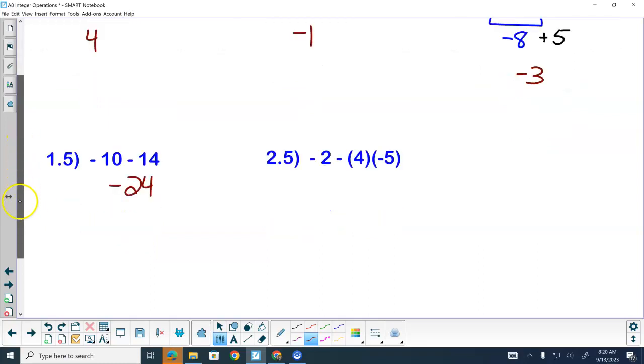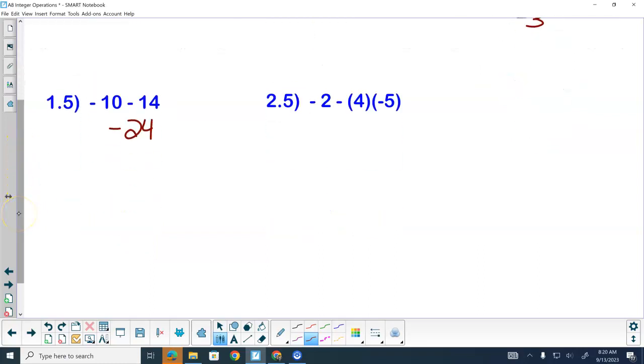Okay. 2.5 then. Do I have parentheses? Yes. Do I need to do anything inside those parentheses? No. So we're good there. Exponents. Do we have any exponents? No. M and D, multiplication and division. Yeah, we do. So we've got this multiplying right here. What is that?